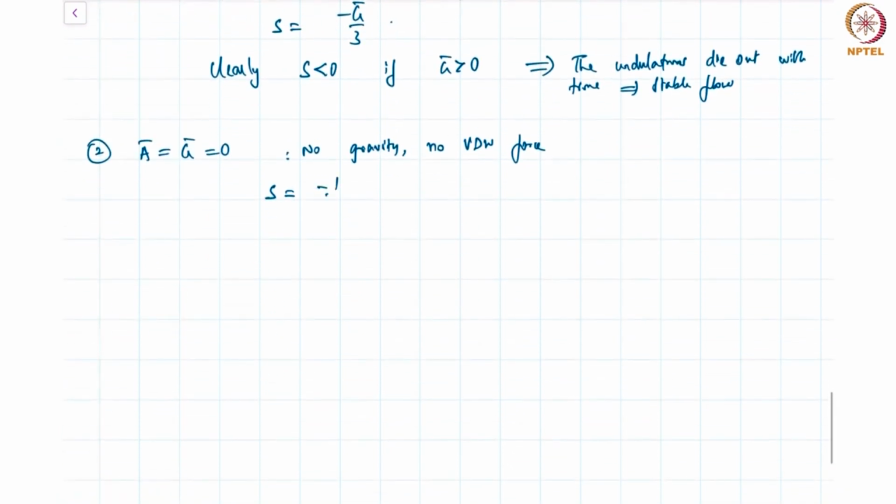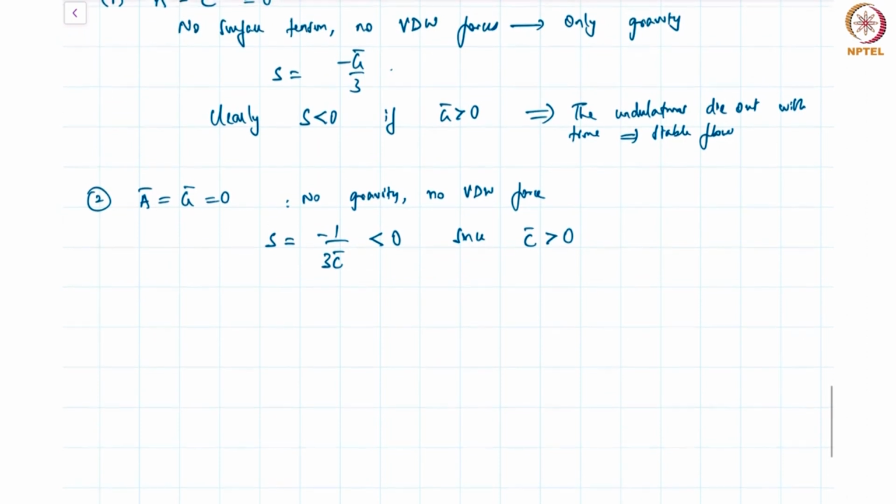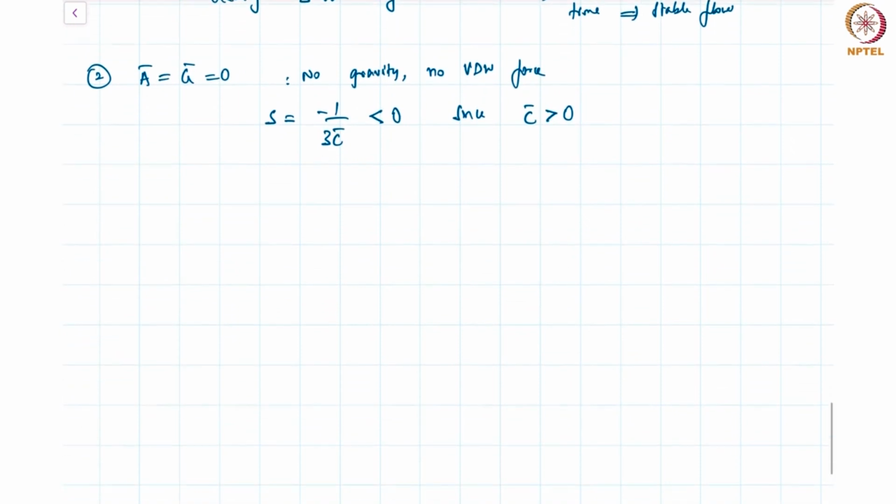We have minus 1 by 3 c bar, which is always less than 0, since c bar is always greater than 0. Again, if you recall, c bar was defined as epsilon cube by capillary number, and that's always a positive quantity. So again, we can conclude that surface tension is stabilizing.